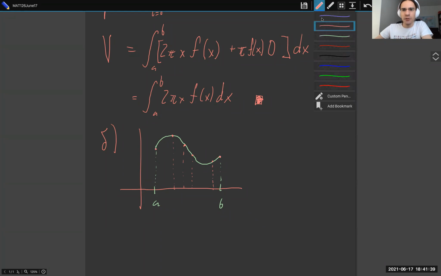Now, what I'm going to do after breaking it up is I'm going to draw line segments connecting these points.